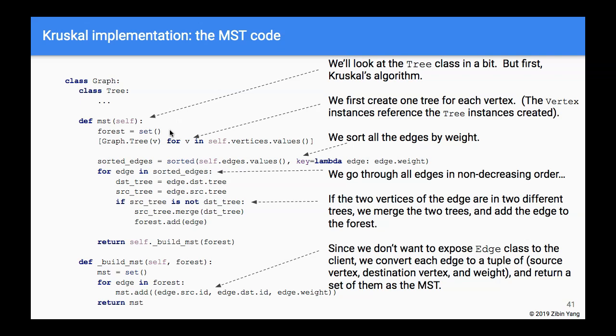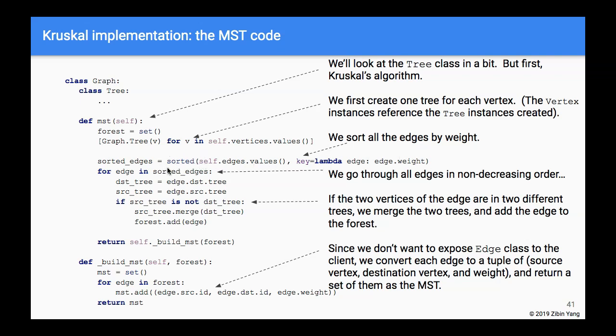First, we initialize an empty forest as the pseudocode says, and then for each of the vertices in the graph, we create a tree. That tree contains only that vertex. The next step in the pseudocode is that we sort all the edges by weight.